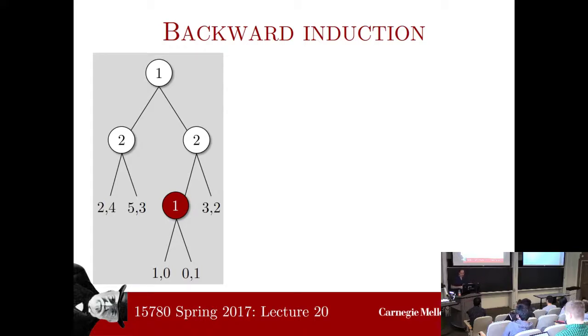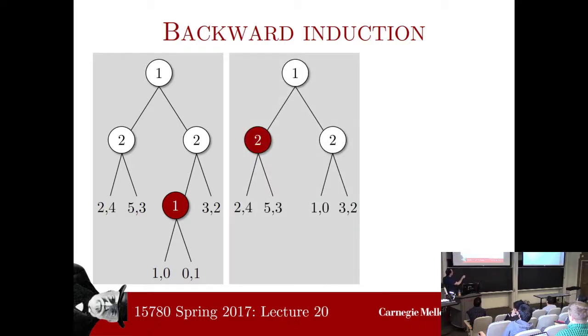So for example, let's look at the game we had before. We first look at this leaf. Player 1 can choose to get either payoff 1 or payoff 0, so we would go left and get payoff 1. We replace this leaf with the payoffs 1 and 0. Now we look at this leaf. Player 2 can choose between 4 and 3. It would choose 4, of course, and we replace this by 2, 4.